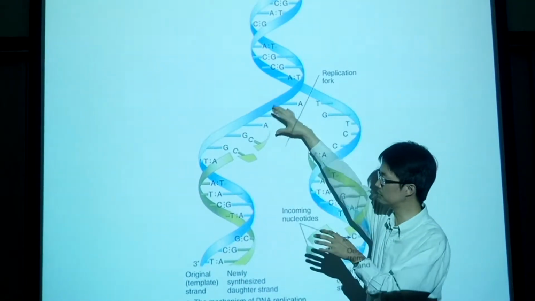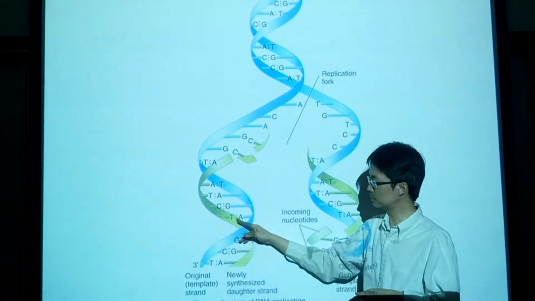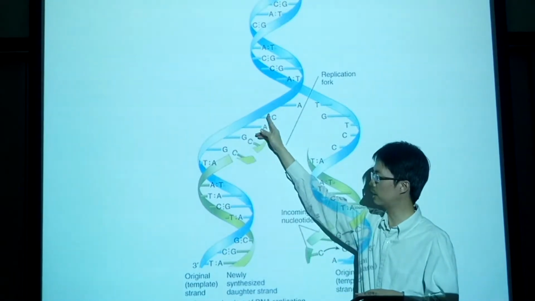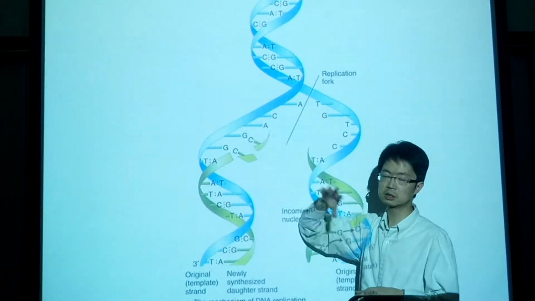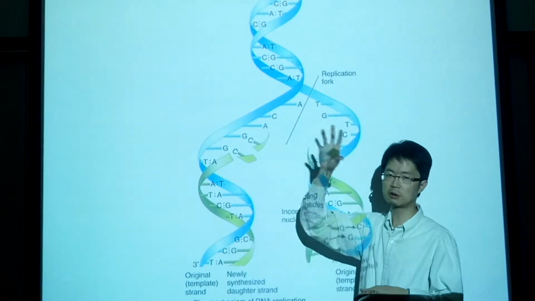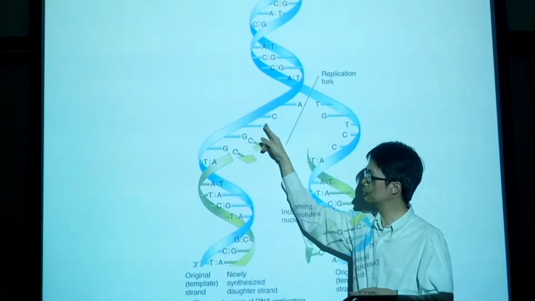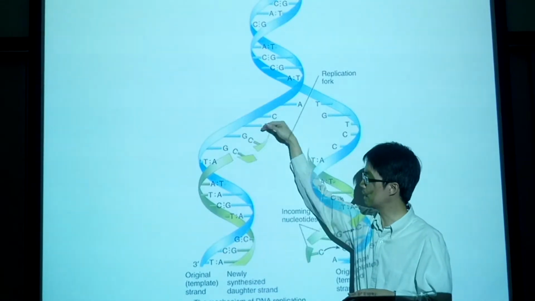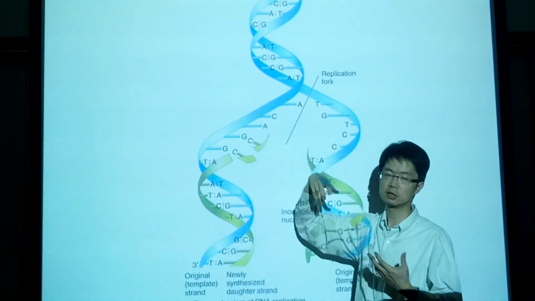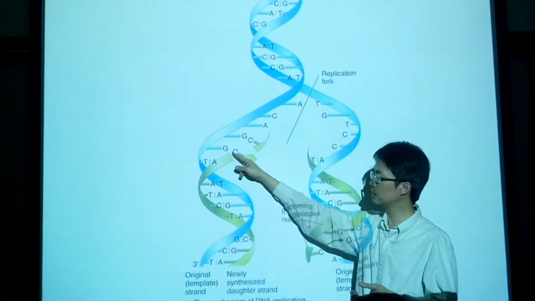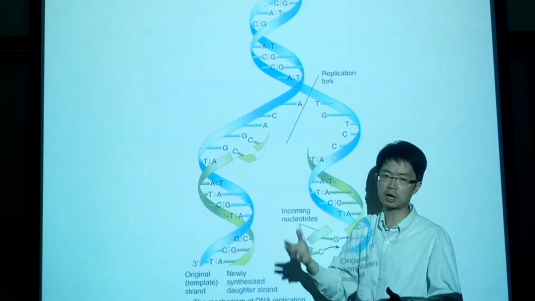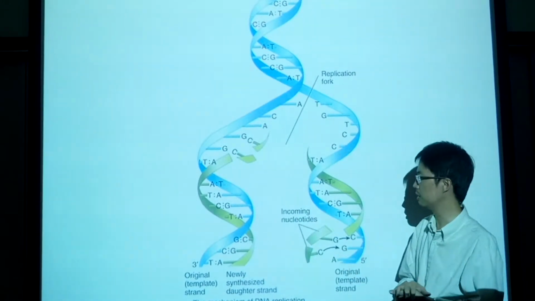So they move in the same direction. And the leading strand is a continuous strand, so that when the DNA polymerase keeps grabbing the complementary nucleotides, they can connect to the same strand without any break. So in this strand, DNA ligase is not required to work on this part.